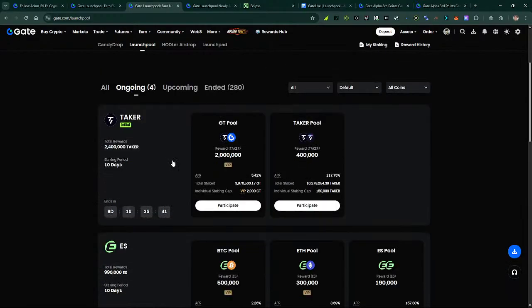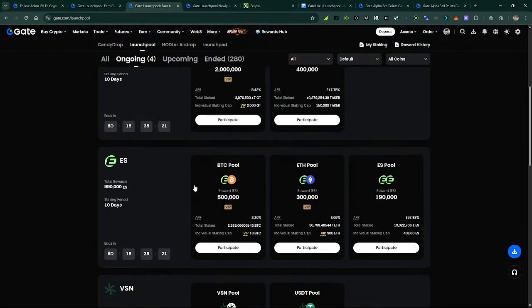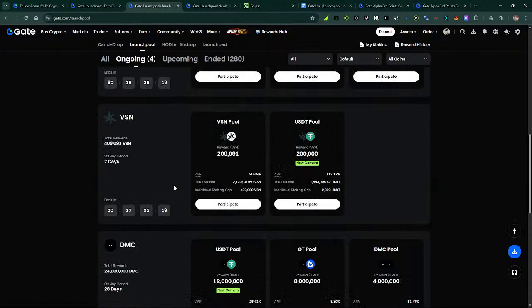The first one is Taker. We have GT pool and Taker pool. On GT there is a baby perk, you already got to know that you can get up to a 500% increase in range, so the maximum limit is going to be increased here. And on ES, we briefly talked about it, to be honest.